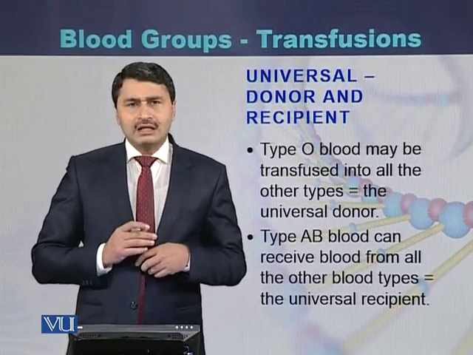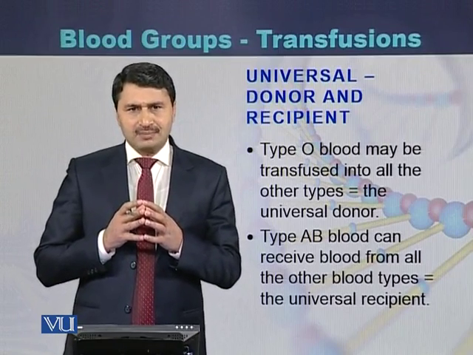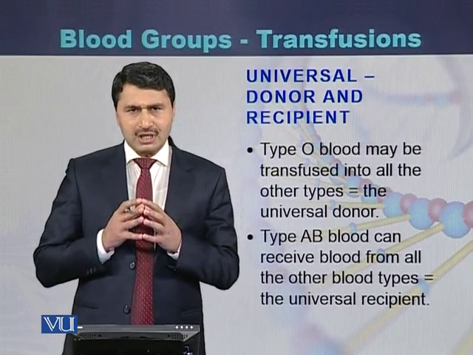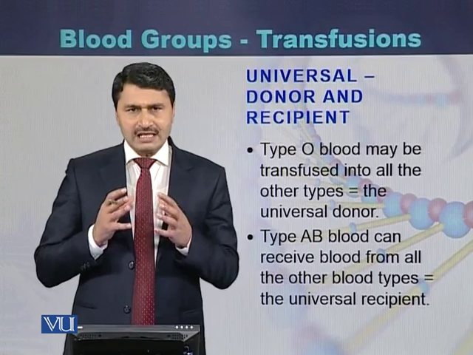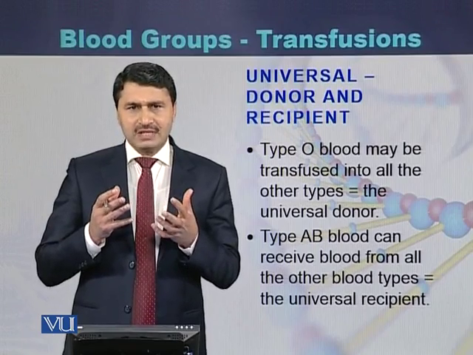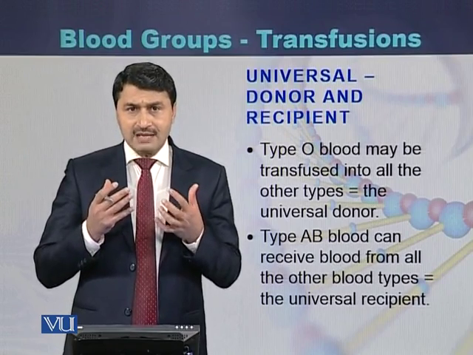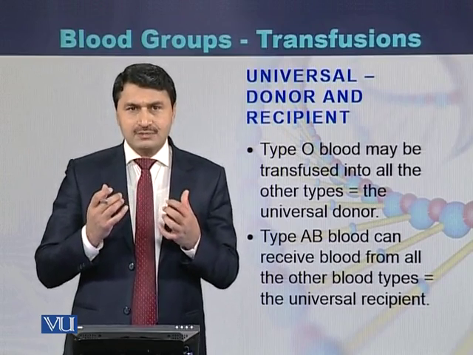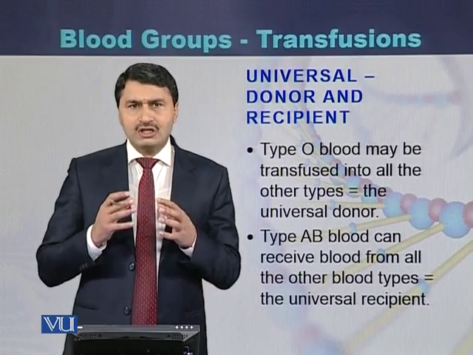Based on the types of alleles and the antigens present on the surface of the red blood cells, we can say that one type is a universal donor and the second type is called a universal recipient. Blood group O is considered the universal donor.